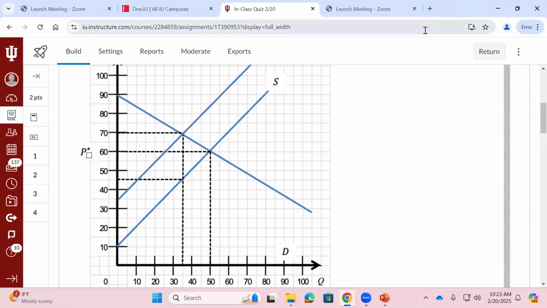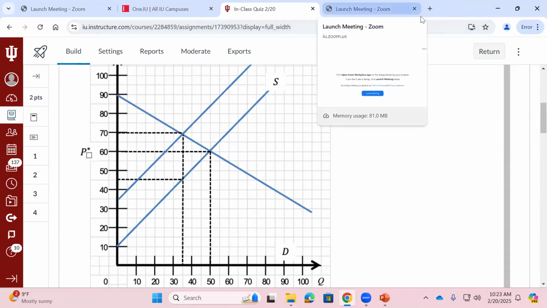Okay. I think the actual question was, what is producer surplus? So what is the price that consumers will pay after this tax? Even if the tax is imposed on producers and shifts our supply curve, what's the price that consumers will now pay? It's essentially our new equilibrium point of $70.